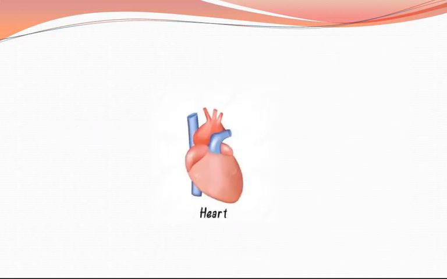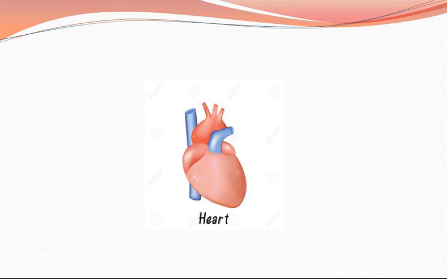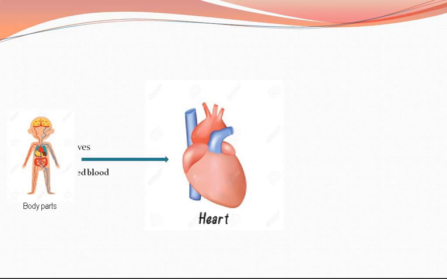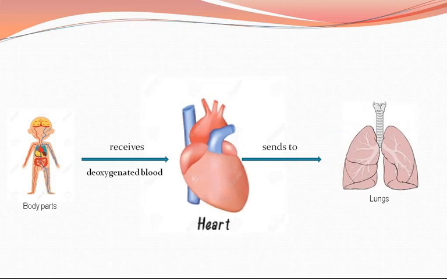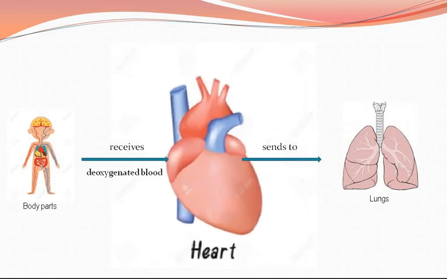In this whole process, the heart plays a vital role. It collects deoxygenated blood from different body parts and sends it to the lungs. It means the heart works as a mediator to collect deoxygenated blood from body parts and then send it to the lungs.